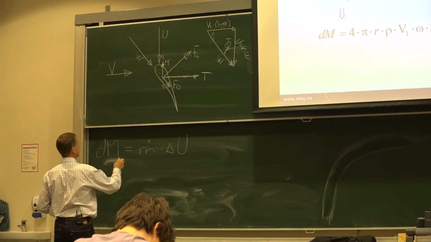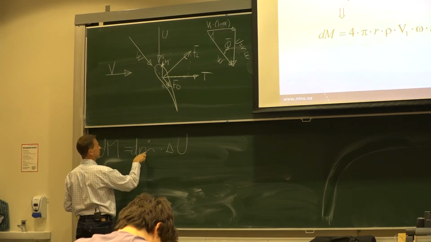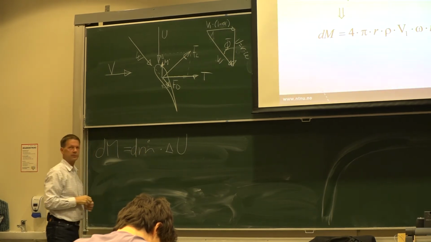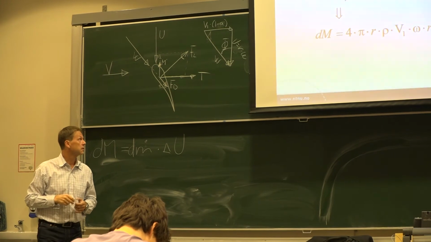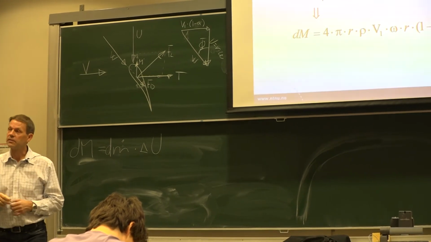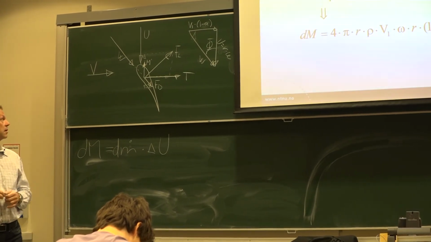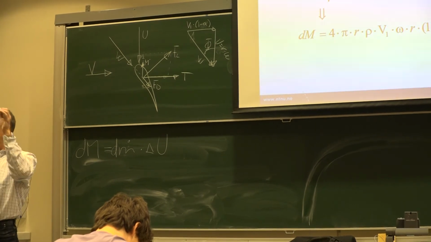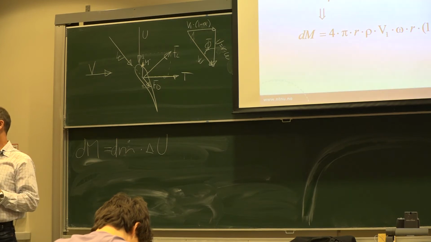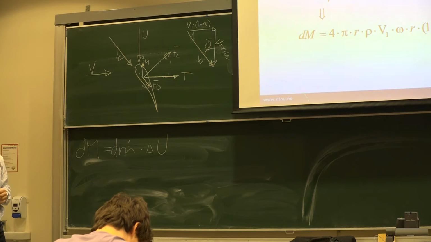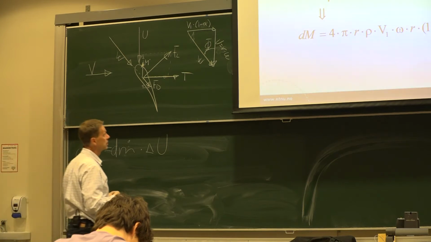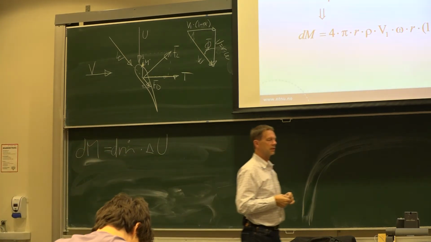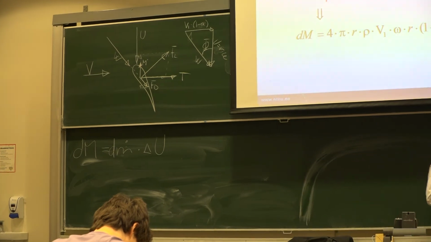So in this case we call it dm, and that's the mass flow rate, kilograms per second. So we can write that as density times an area. And again, now the area is for the donut we have been talking about for each element. And then the velocity v2 is the velocity over the blade itself.